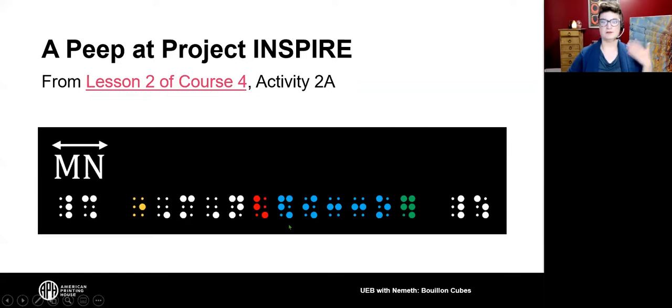Then we transcribe the modifier, the thing that's above. In this case, it's the shape, a double-headed arrow. So the shape indicator is dots 1, 2, 4, 6. Our left pointing arrowhead is the same shape as an O, as an OW. Our arrow shaft is just a regular length, so 2 cells of dots 2, 5.